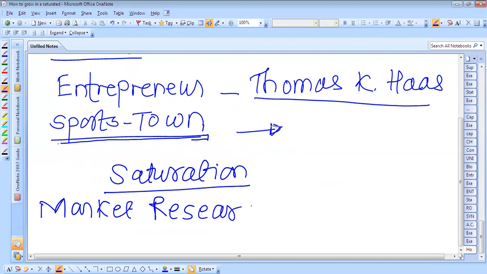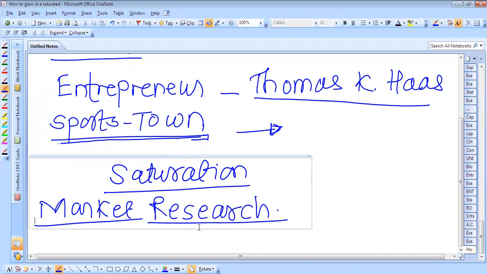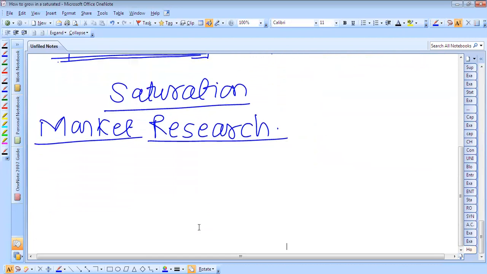Market research is very important as far as how to grow in a saturated industry, or how to become a successful entrepreneur even though there is a saturation in the market.